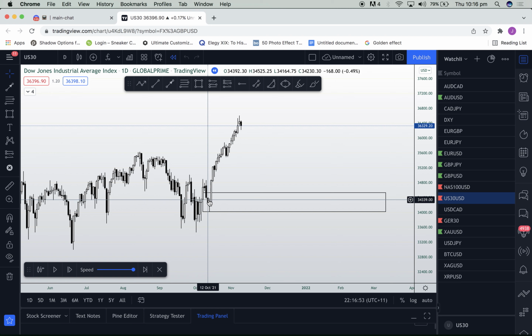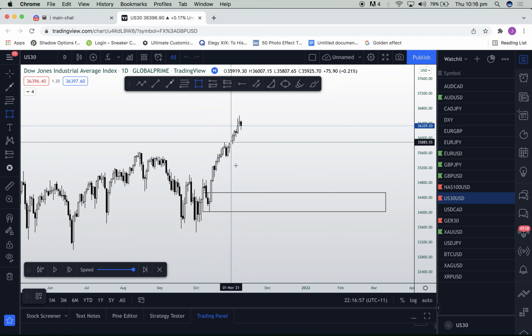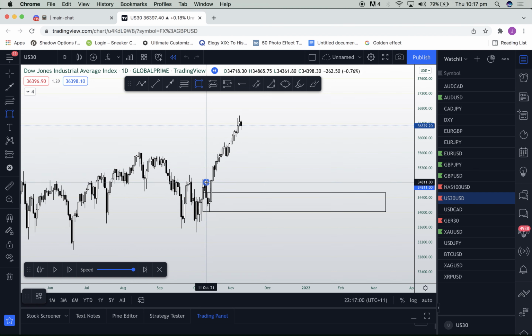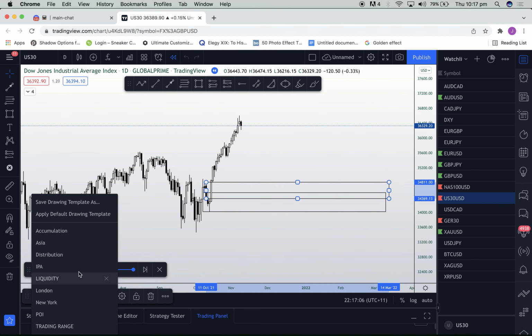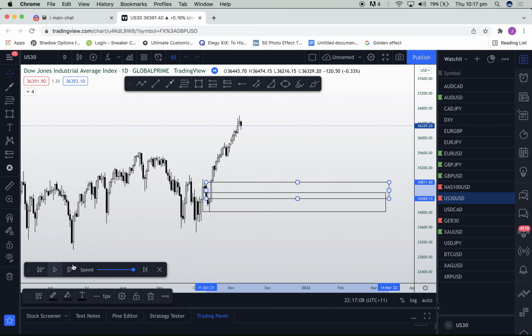Your institutional candle. Something else that's sitting right above it is what we call an imbalance. I'm going to mark it out and then I'm going to explain it and what its purpose is, what it's used for, right? IPA.